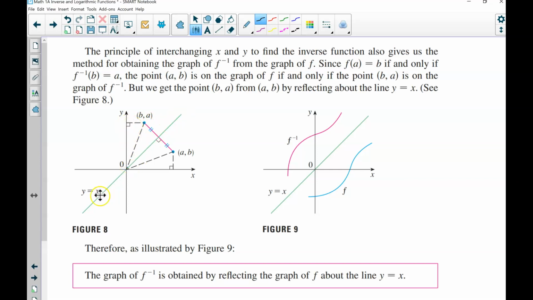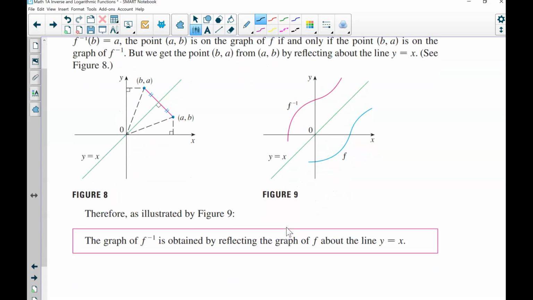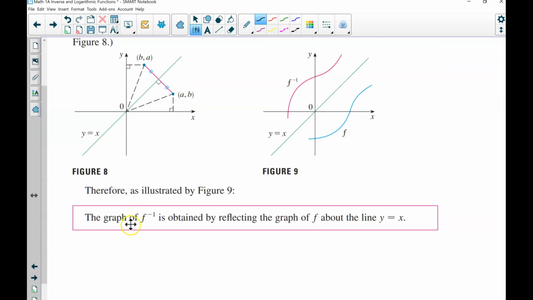So again, the line y equals x is the line of symmetry for this inverse. And the same thing here for figure number 9. So therefore, we can say that the graph of f inverse is obtained by reflecting the graph of f about the line where y is equal to x.